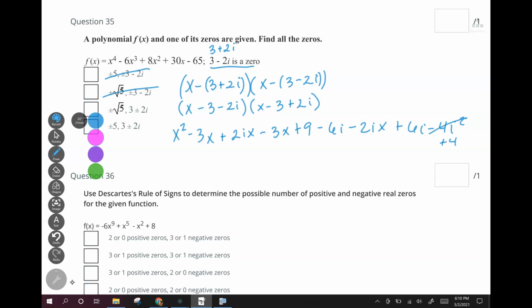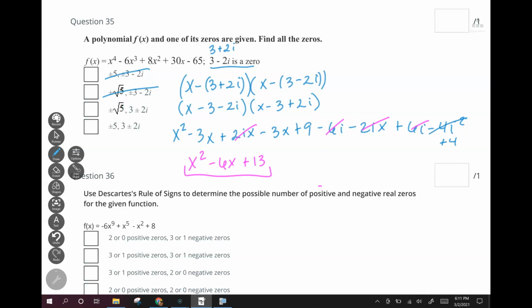Okay, cancel anything that has an i, right? 2ix minus 2ix cancels, 6i minus 6i cancels, and of course my i squared became negative 1, so that went away as well. So I have x squared minus 6x plus 13 is what that comes out to. So I FOILed that together so that I know, hey, that's the polynomial for 2 of my factors.